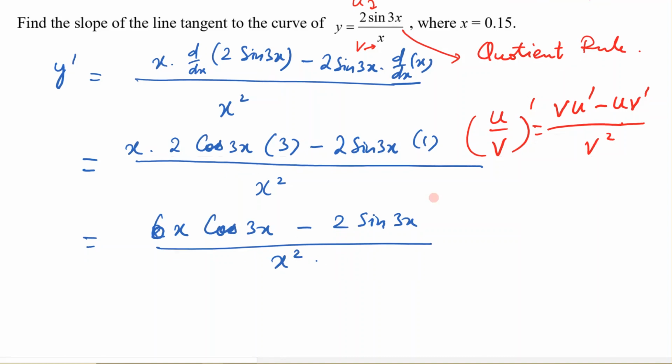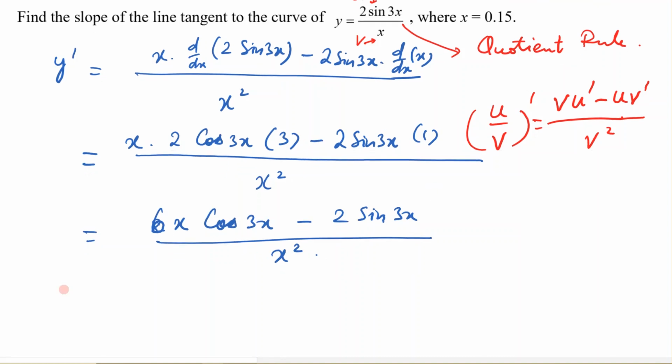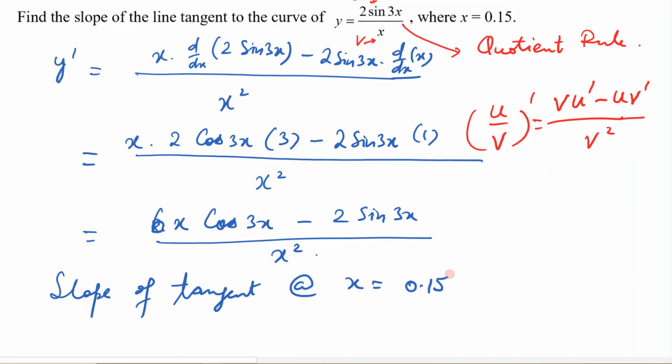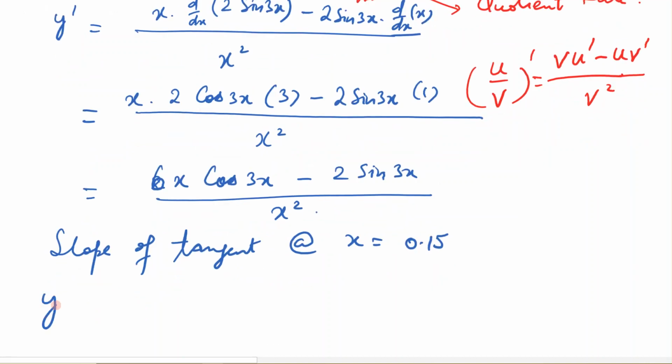So if you want to find the slope of tangent at x equals 0.15, basically we just plug in the x value as 0.15.